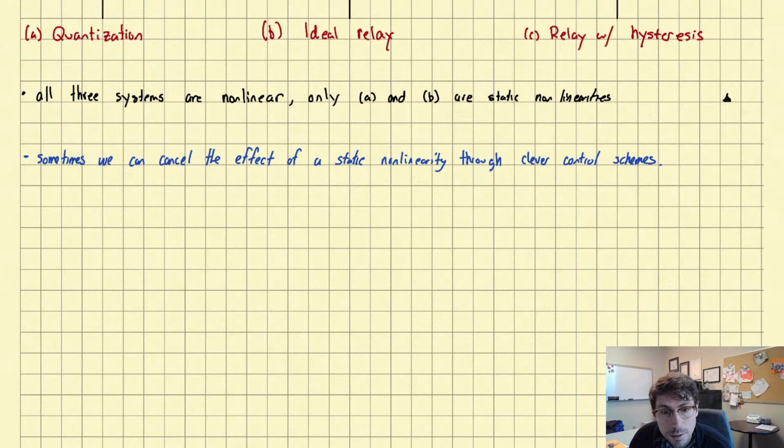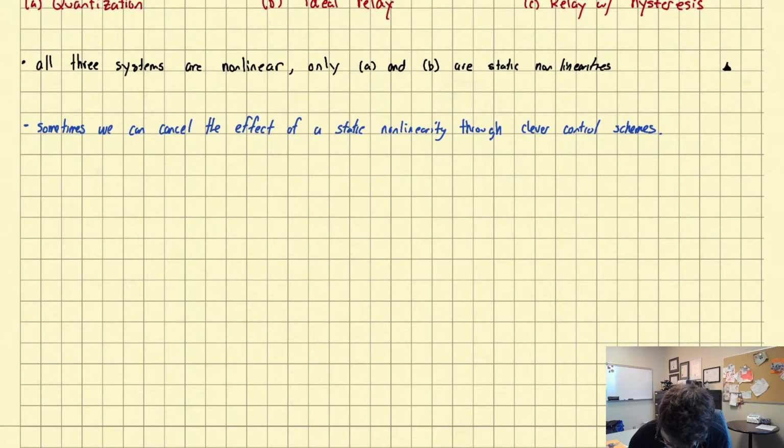So we can hopefully, if we're clever about things, deal with these static nonlinearities through control design. And the case we're going to consider is where the static nonlinearity shows up at the input of the plant or at the output of the plant. So I'll draw two pictures illustrating this.